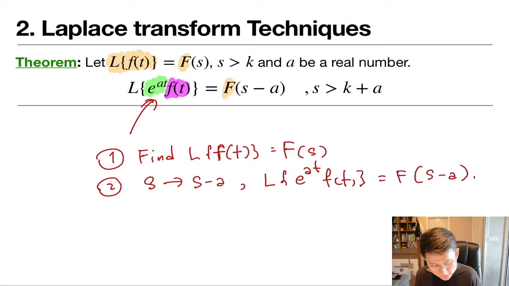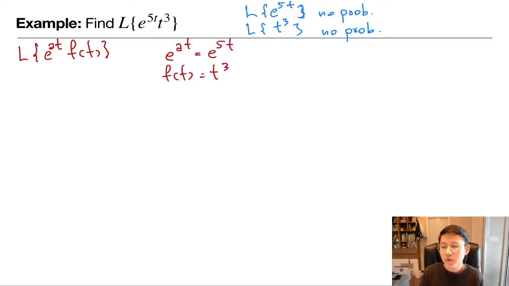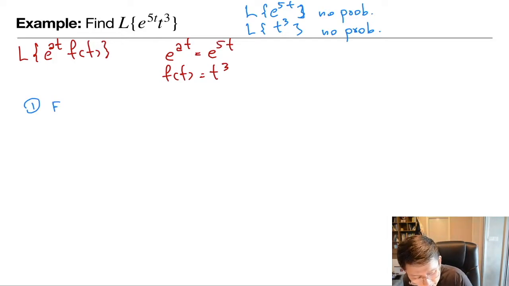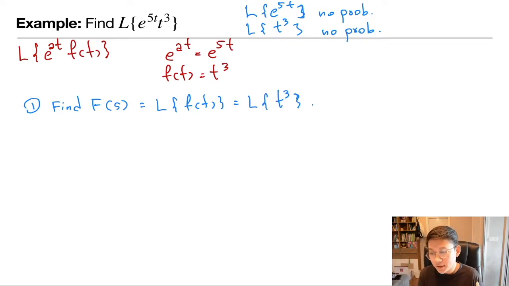Right now e to the at is actually e to the 5t, and f(t) is actually t to the 3, t cubed. So in that case, first we need to find the big F(s), which is the Laplace transform of f(t), which is the Laplace transform of t to the 3.